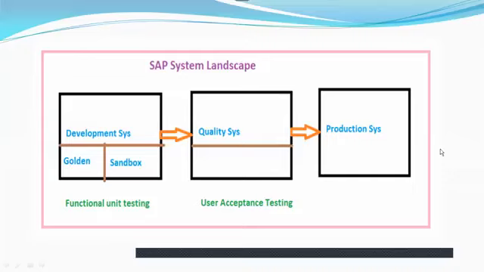SPRO is simply a T code. Here functional unit testing, and here UAT, user acceptance testing.